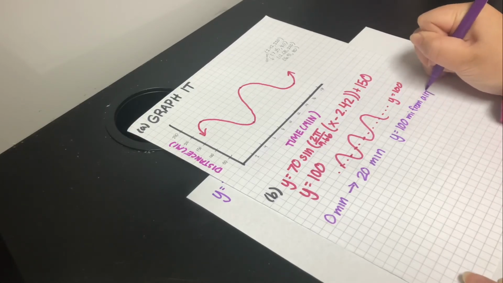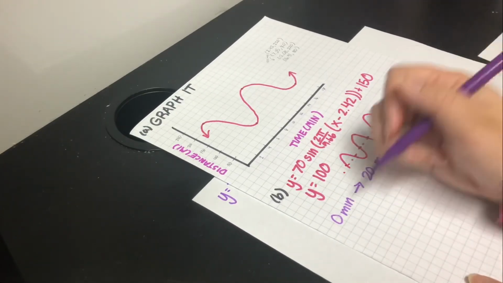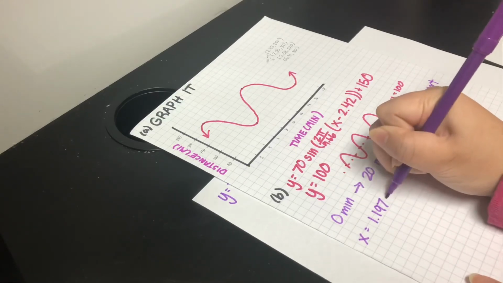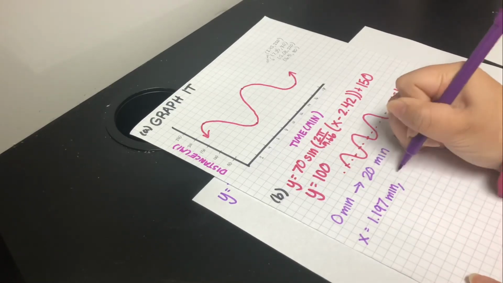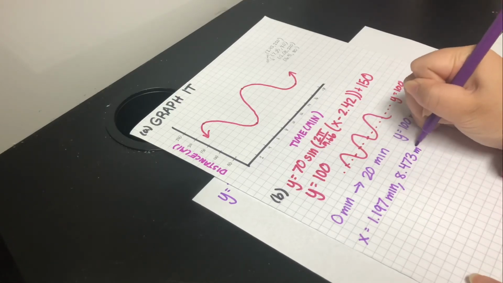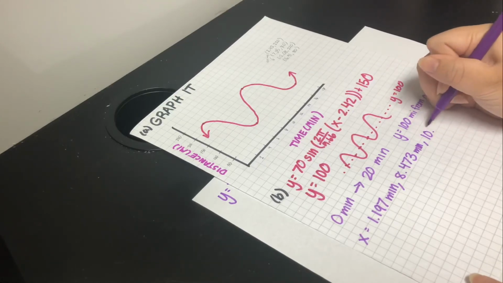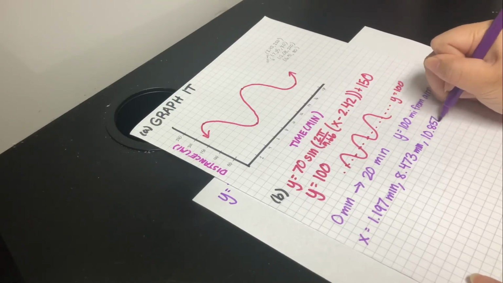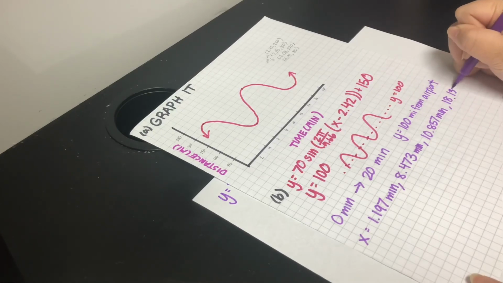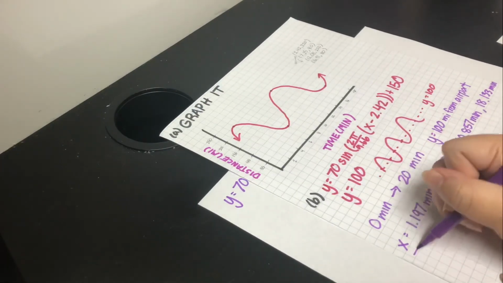And from the Desmos graph, we found that it hits the 100-mile point at 1.197 minutes, 8.473 minutes, 10.857 minutes, and 18.133 minutes. And then that's our answer right there.